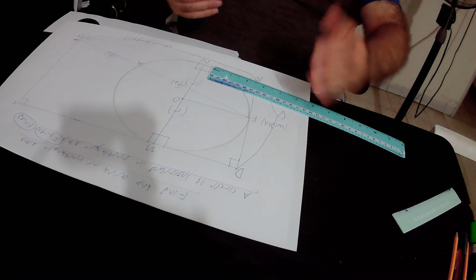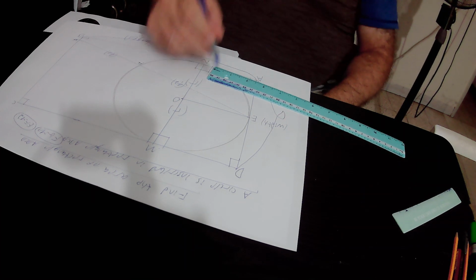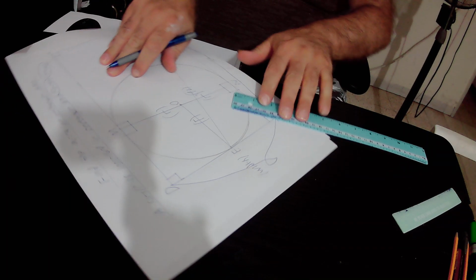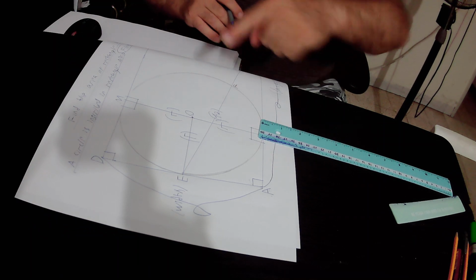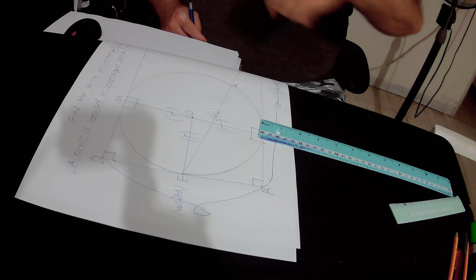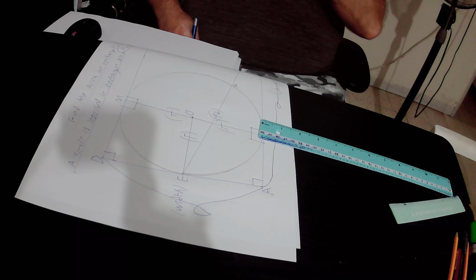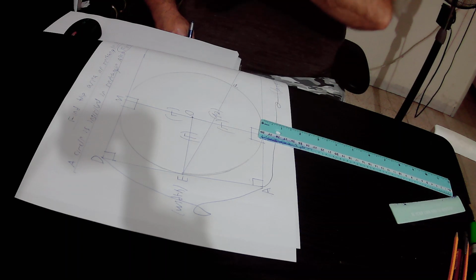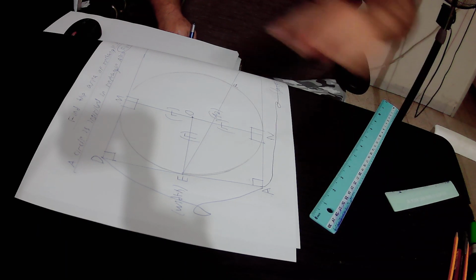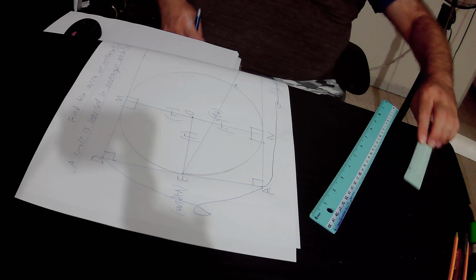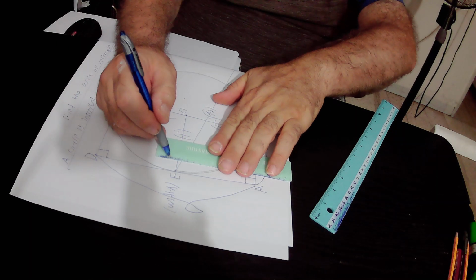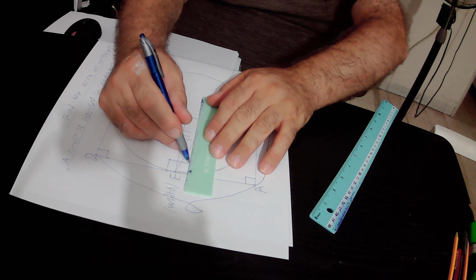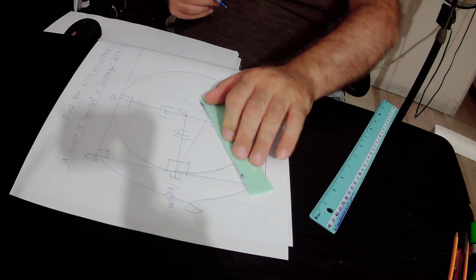OE is the radius of this circle equal to R, and again the radius OE is drawn to point E, the point of tangency of tangent DA with this circle, and whenever a radius is drawn to the point of tangency, then tangent DA will be perpendicular to the radius EO. DA is perpendicular to EO, it means that this angle equals 90 degrees. And this angle also equals 90 degrees, according to the same rule, rule 1.